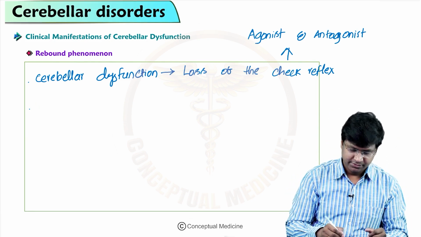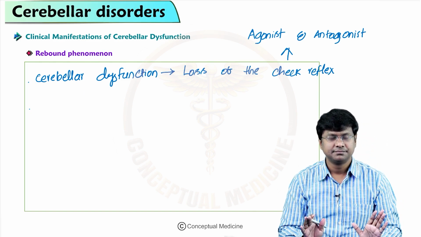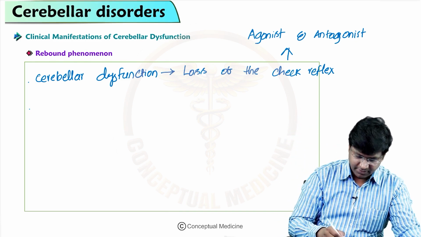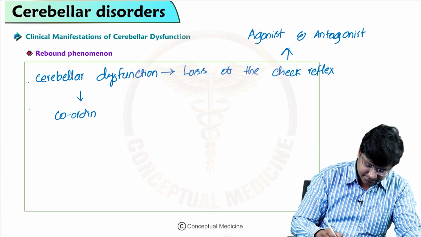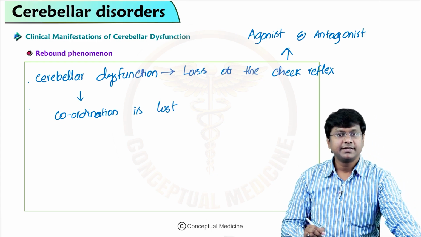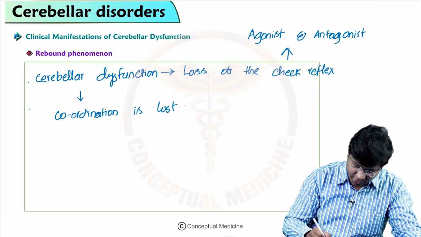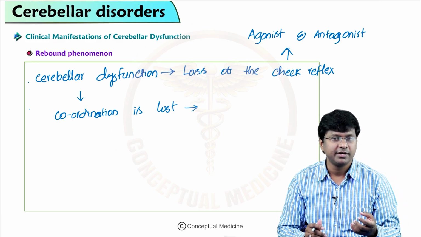But in individuals with cerebellar dysfunction, the coordination between flexors and extensors is lost, right? Because the cerebellum is the one which maintains the complex coordinated movements.